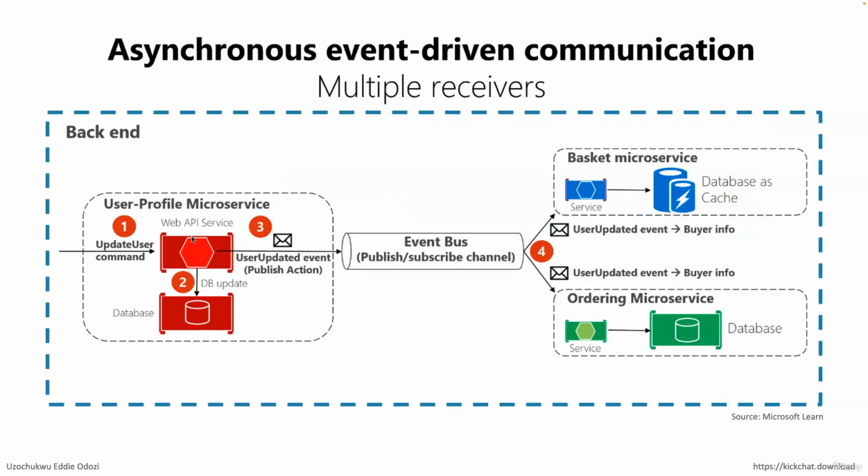And then lastly, we have the asynchronous event-driven communication. This communication type usually involves communication between microservices, for example communication between your authentication service and your payment service, or between your product and your cart.